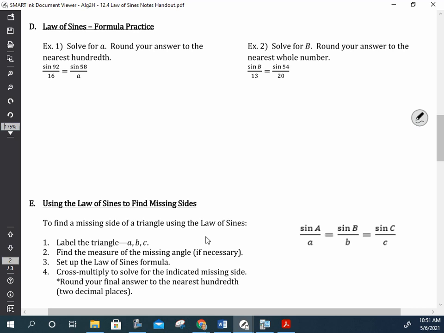All right. So example one, we're going to solve for A, a lowercase a. This is the scenario that you would use when you have to find a side. In this type of problem, you have a fraction equal to a fraction, which means you are going to be cross multiplying.